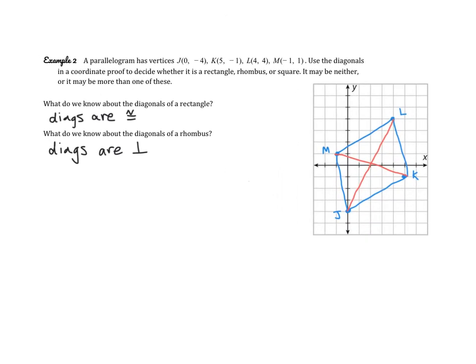Okay. So remember, the way that we show that two lines are perpendicular is if they have opposite reciprocal slopes. So here we could either use our picture to determine the slope just by looking at rise over run, but just for practice, let's do the slope formula.